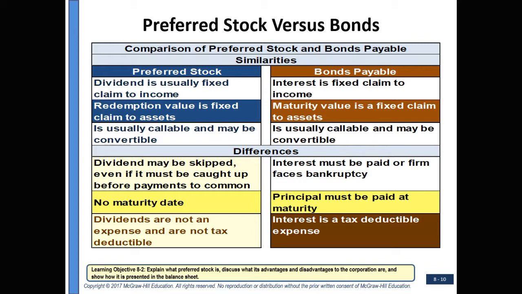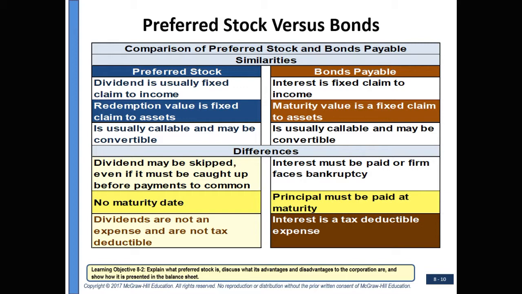However, preferred stock dividends may be skipped from time to time. Bond interest must be paid or the firm can face bankruptcy. Preferred stock has no maturity date, but a bond's principal must be paid at maturity.